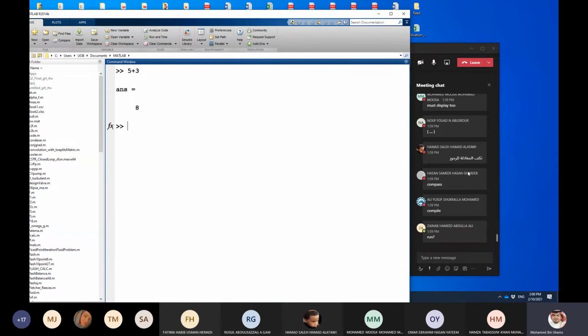Okay, maybe if one of you is familiar with this, he can do it in C++, and in the next lecture, please have it as an image and send it to us here, just for me to show the rest of the class how this code can be done in C++ and how it can be done in MATLAB. In MATLAB, guys, all that I did was bring the two numbers and add them, and that's it.